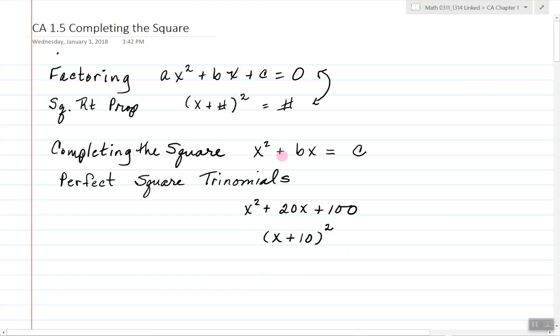The left-hand side, and I'm saying left, certainly could have been the right, but one side has to have an x squared and this term, and then I'm going to figure out what this term should be. Let's look at the relationship between these, just the numbers. If you took half of this, it would be 10, and you squared it, and you would get 100.